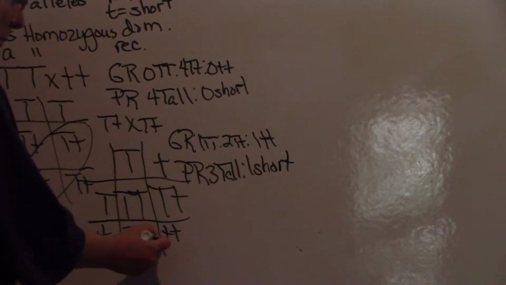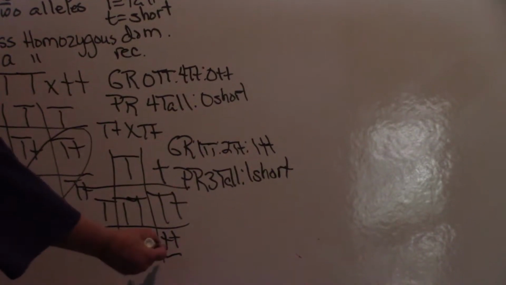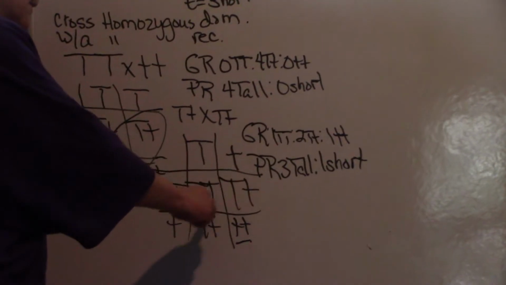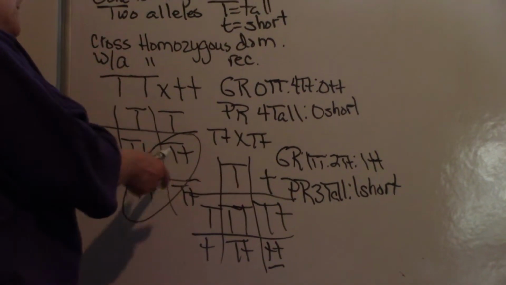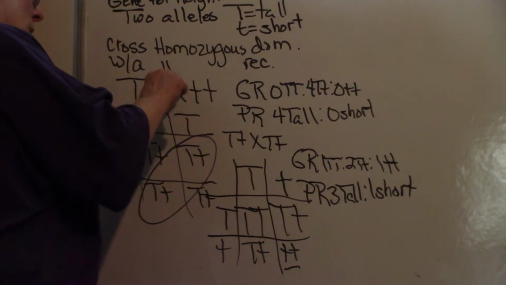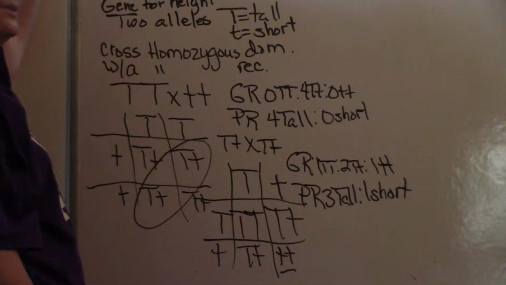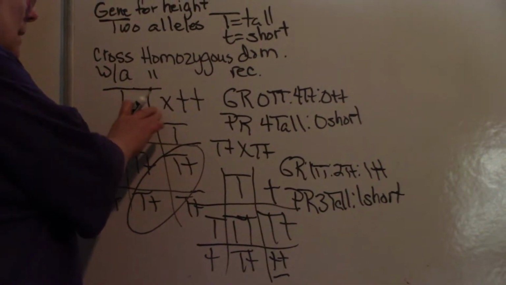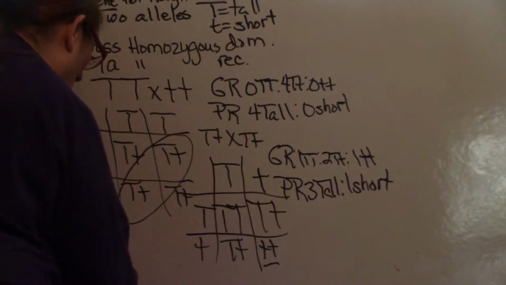Now, remember, the only one whose genotype is showing is the little t little t. So these you can't tell if they're big T big T, or big T little t. You would have to cross them with a homozygous recessive and determine that. And in fact, you would get, if they were big T big T, you'd get this. But look what would happen here.